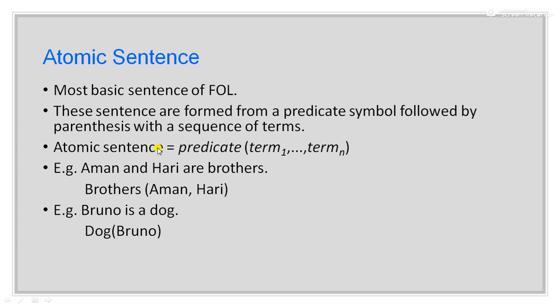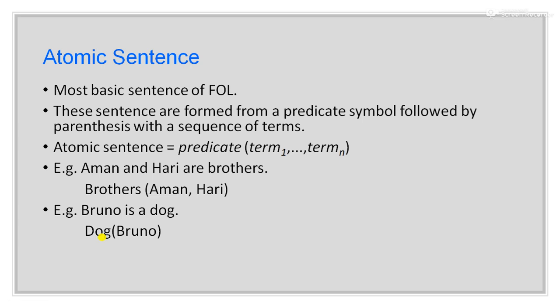The next example is Bruno is a dog. We represent it as dog(Bruno). Here you can think that there is a class called dog, and the class has an object, which we represent as Bruno.